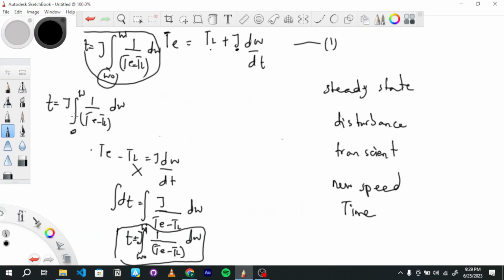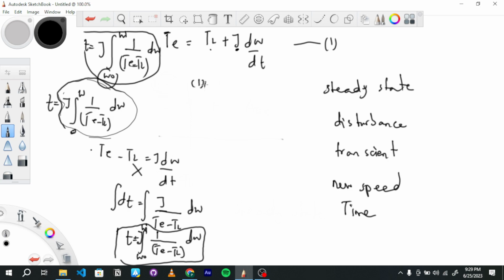So now you can see that this is an integral here. To compute this, to find the transient time, we have a number of ways we can compute this.